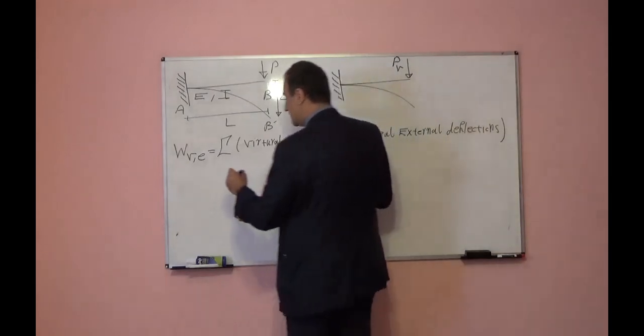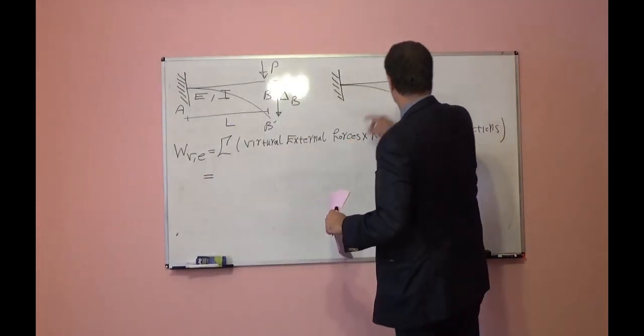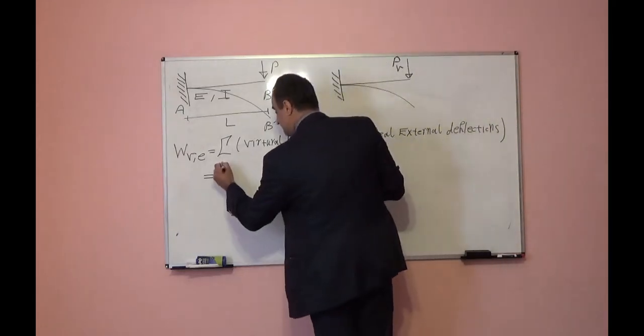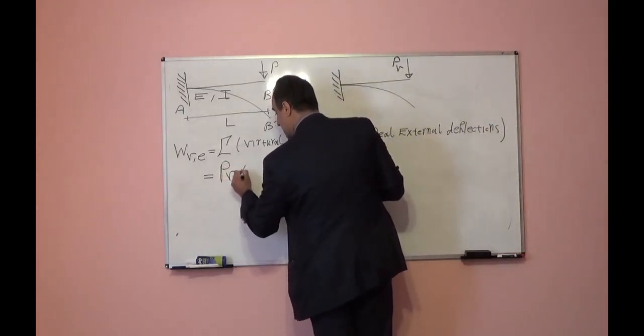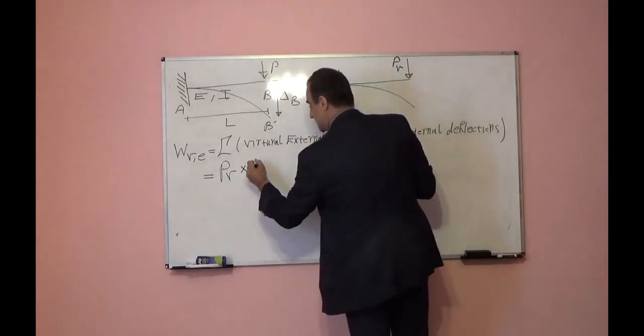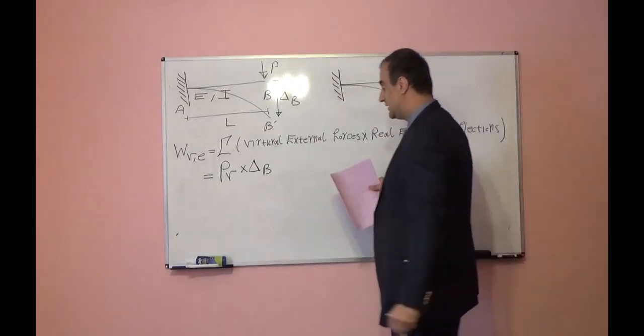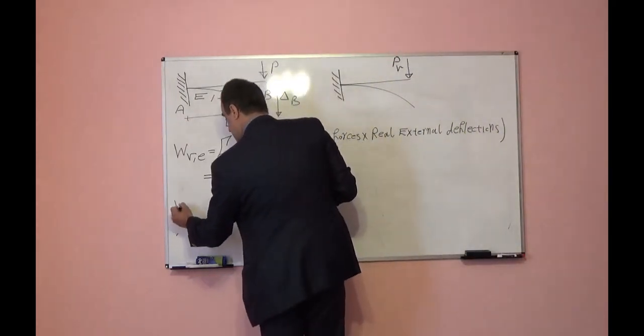So this will be equal to virtual external force, meaning PV, times real external deflection delta B. What will be internal virtual work?